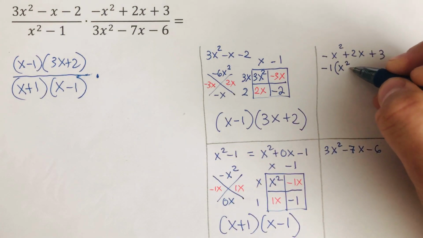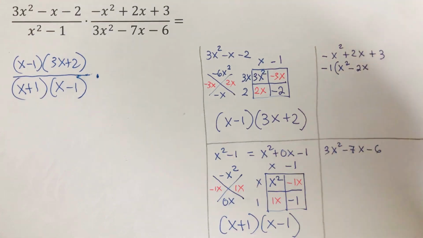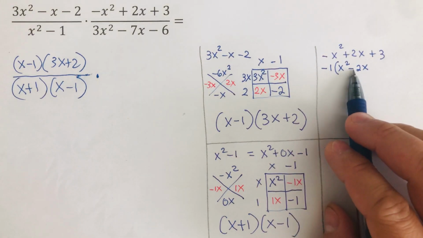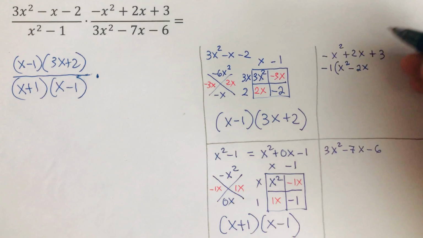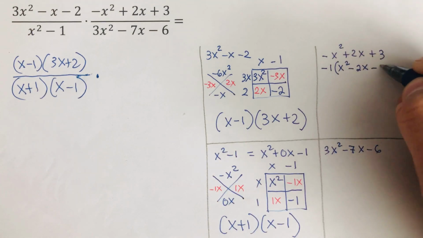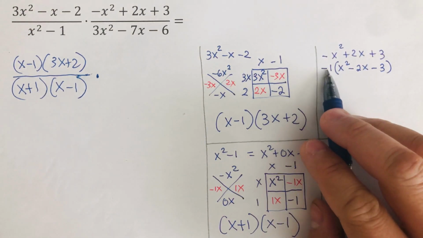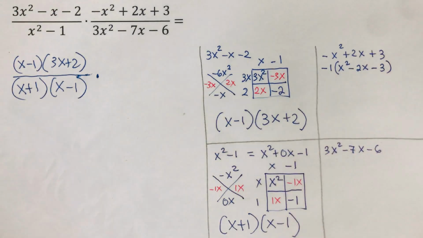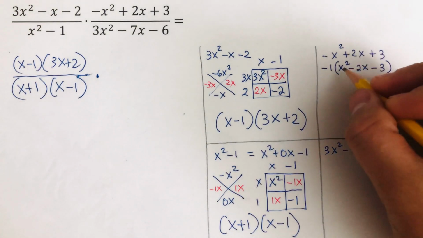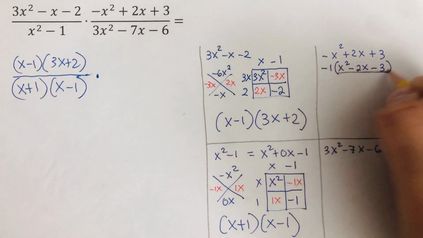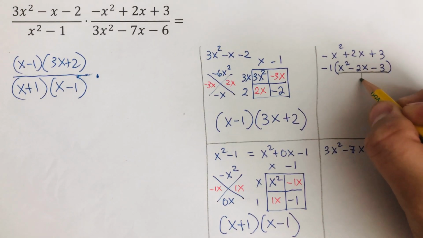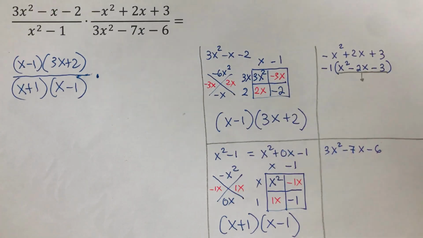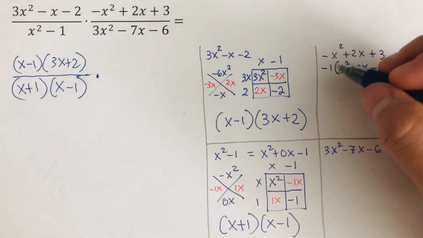So that means this is a negative 2x, so that negative 1 times negative 2x is a positive 2x. And then I'm going to have here a negative 3, because if I distribute, negative 1 times negative 3 is a positive 3. So this is the one that we are going to factor out using the box and diamond. So I'm going to show the box and diamond only for this part.